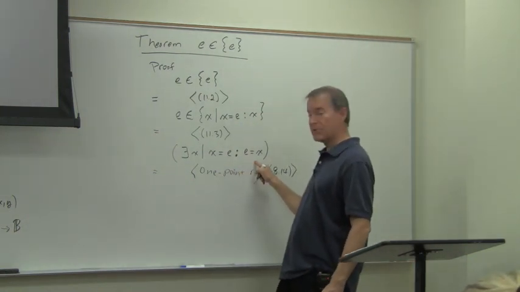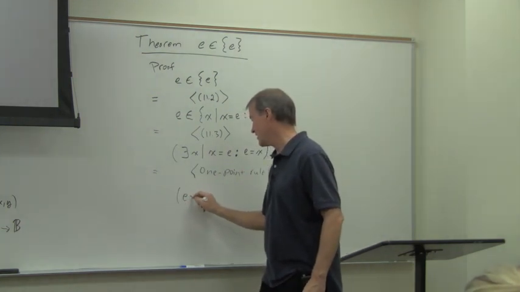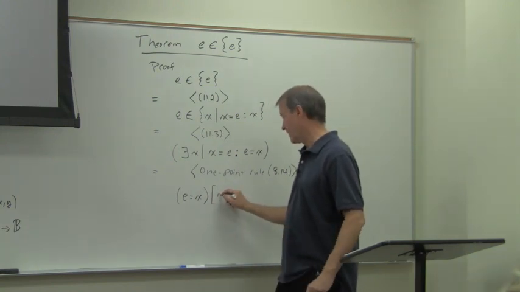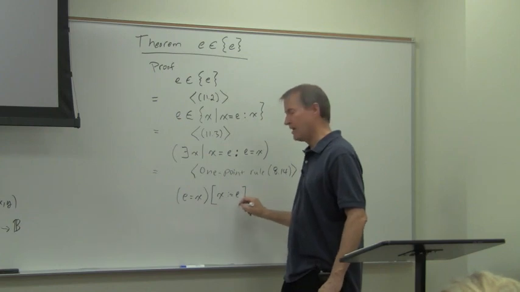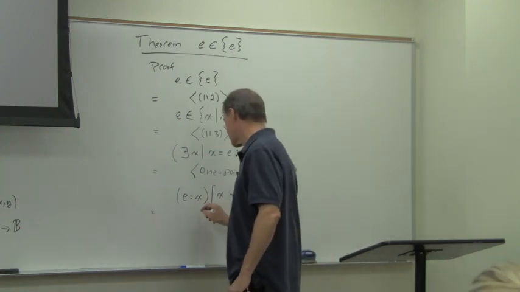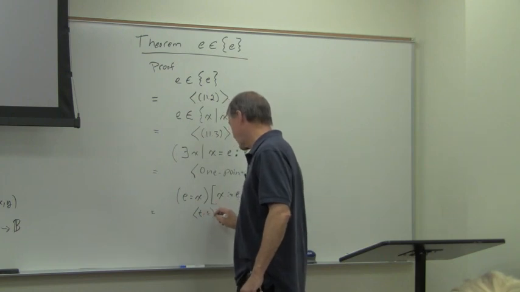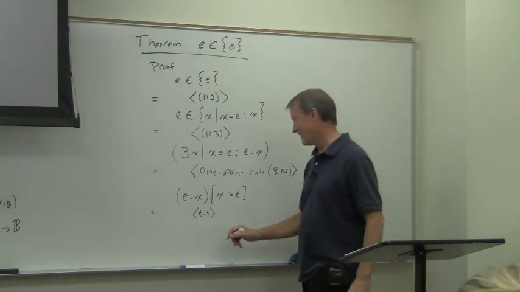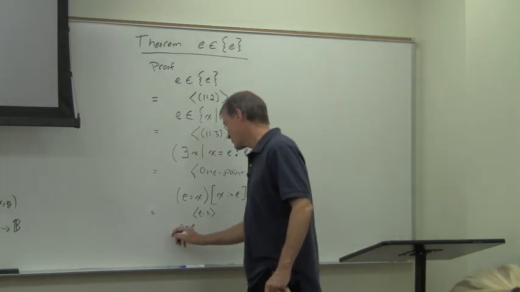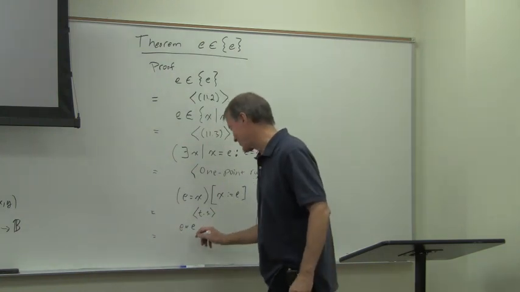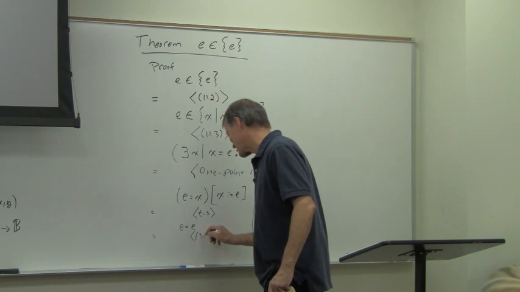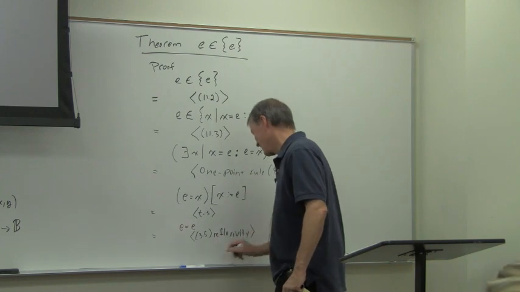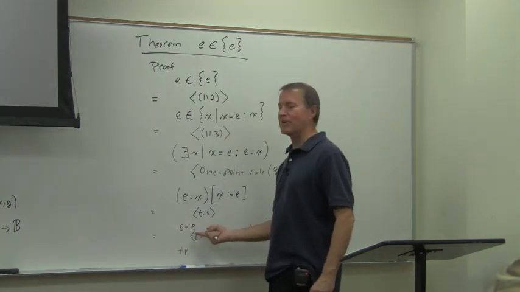So it's E equals X, with textual substitution, X replaced by E. So this equals, by textual substitution, E equals E, which equals, by 3.5, which is what? Reflexivity. Which is true.